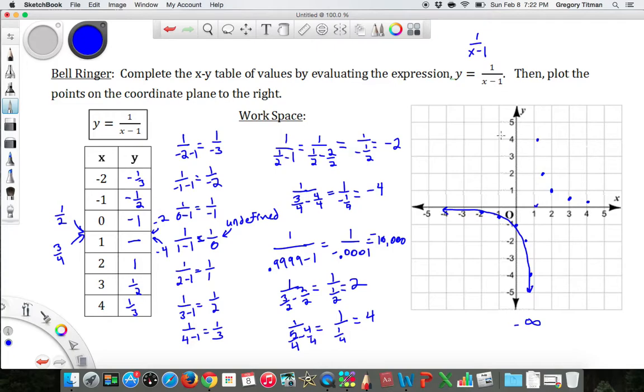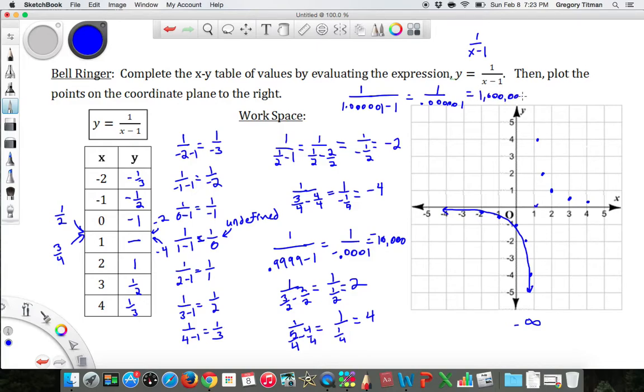So if I picked something just a little bit larger than 1, like 1.0000001 minus 1, we're going to end up with 1 over 0.0000001, which is tenths, hundredths, thousandths, 10,000ths, 100,000ths, 1/1,000,000th. So that actually equals 1 million.